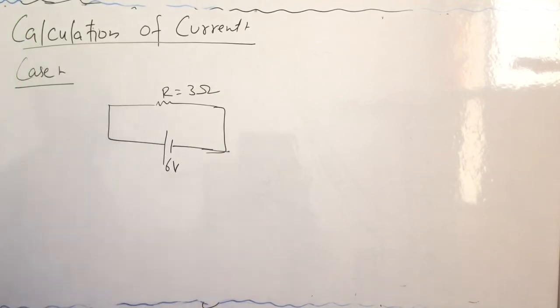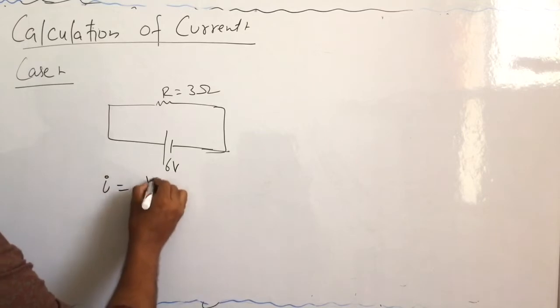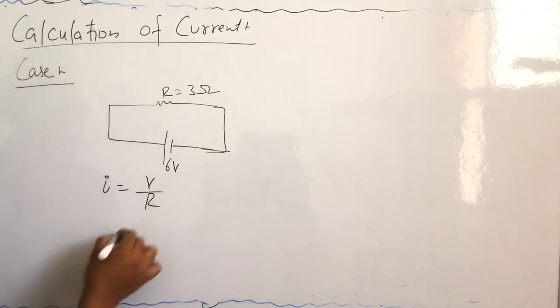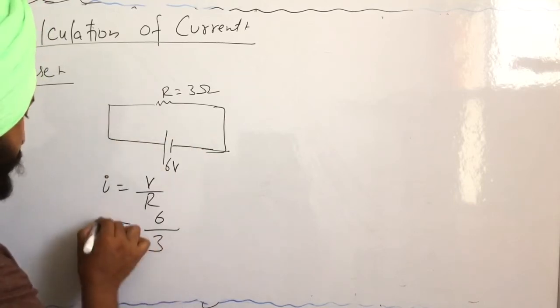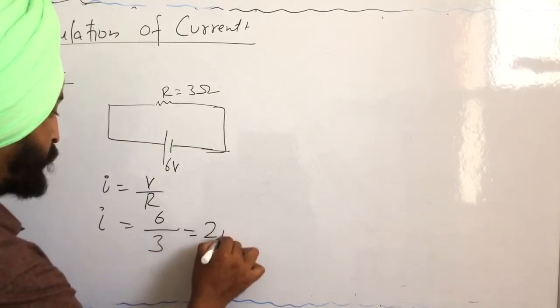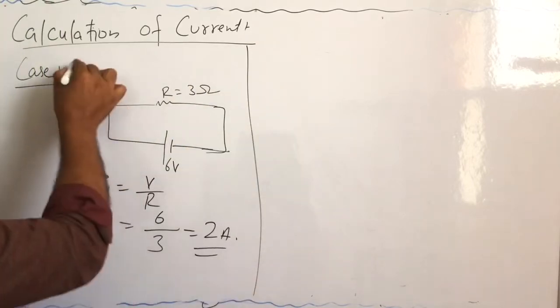If you want to calculate the current, the formula is simple: I equals V by R. Potential is 6 and resistance is 3, so our current would be equal to 2 ampere. So this is the simple case, case number 1.